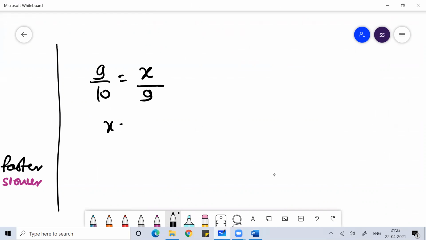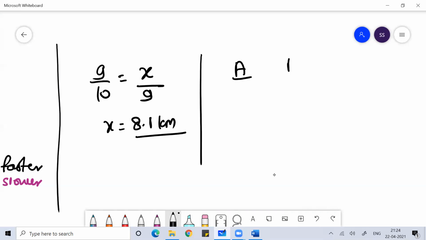So the value of x is equal to 8.1 kilometer. With this, you can find the ratio of A, B, and C: when A has covered 10 kilometer and B has covered 9 kilometer, then C is going to cover 8.1 kilometer.